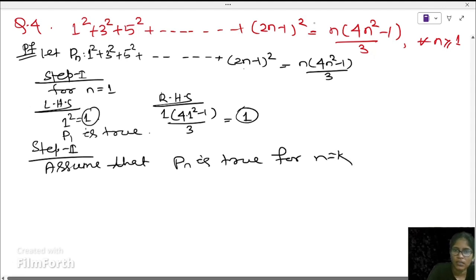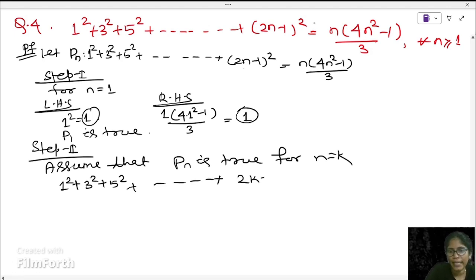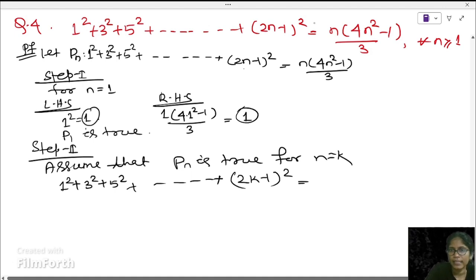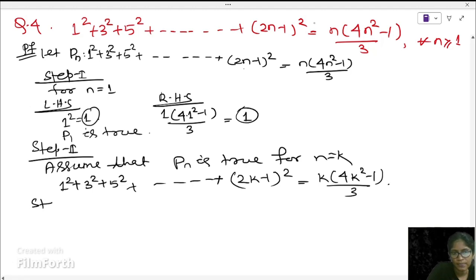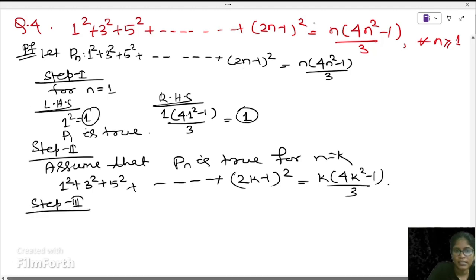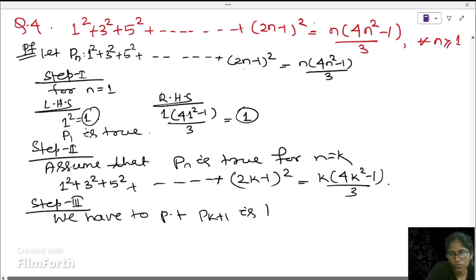That means we will put in place of n is equal to k: 1 square plus 3 square plus 5 square plus up to 2k minus 1 square is equal to k into 4k square minus 1 divided by 3. Step 3, we have to prove that P(k plus 1) is true.